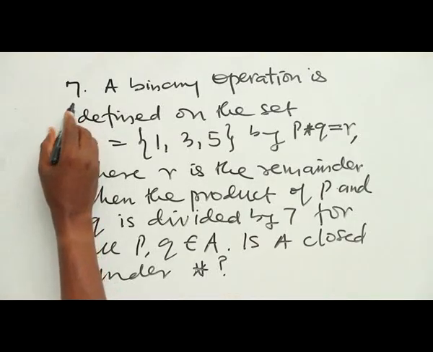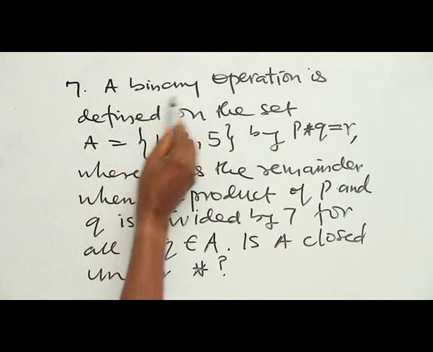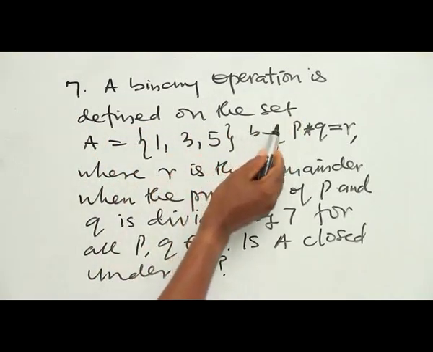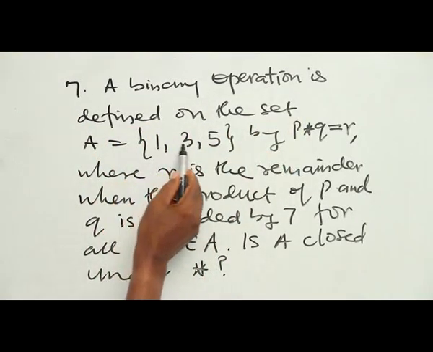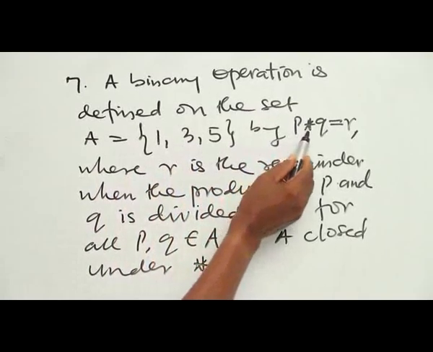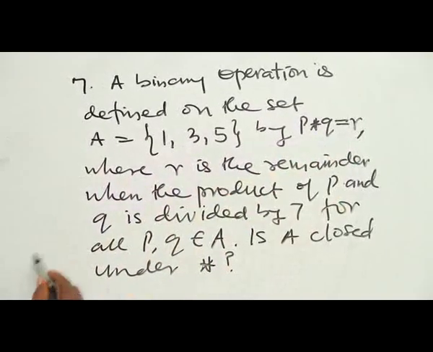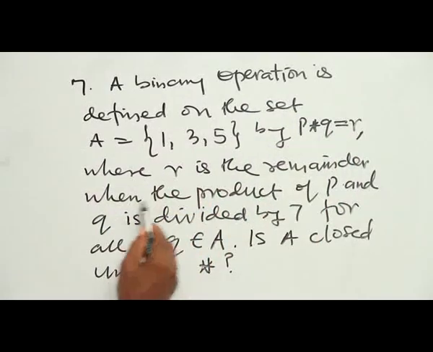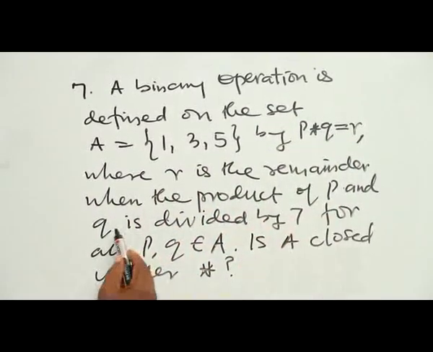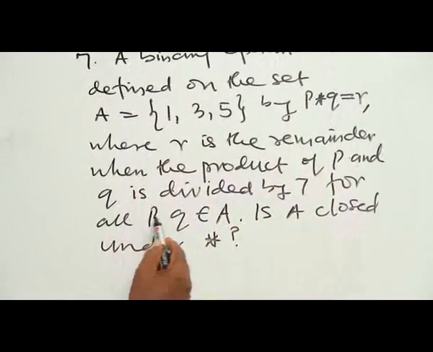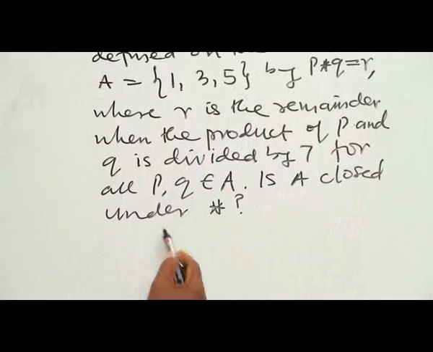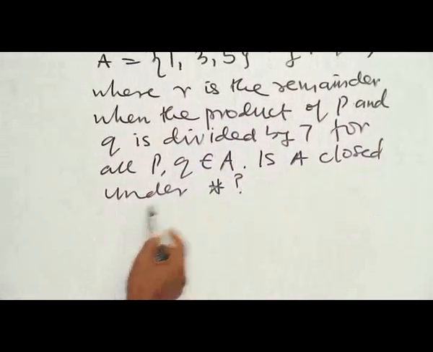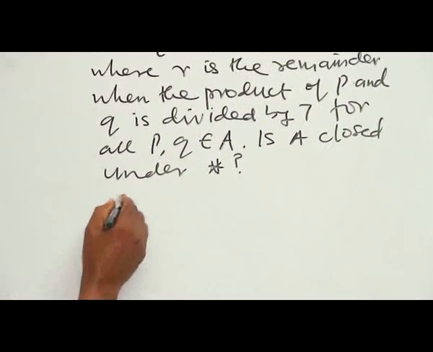Example number 7. The binary operation star is defined on the set A equal to {1, 3, 5} by P star Q equal to R, where R is the remainder when the product of P and Q is divided by 7, for all P, Q belonging to A. Is A closed under the operation star?